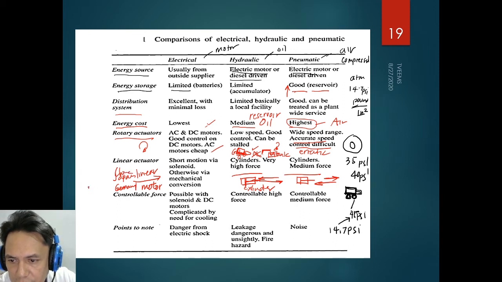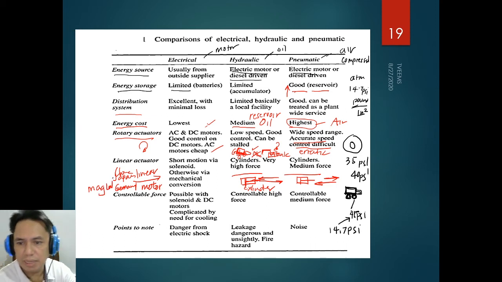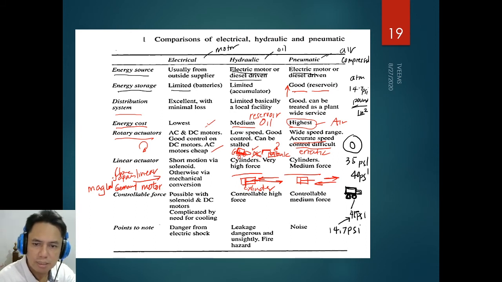So they have these magnetic levitated motors, meaning it's straight rather than rotational. It is making a straight motion.